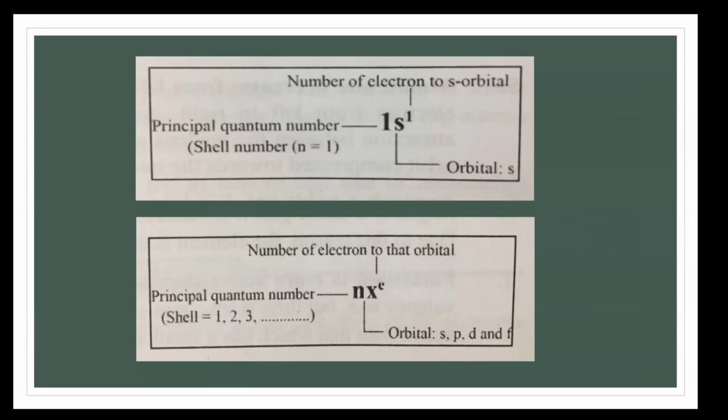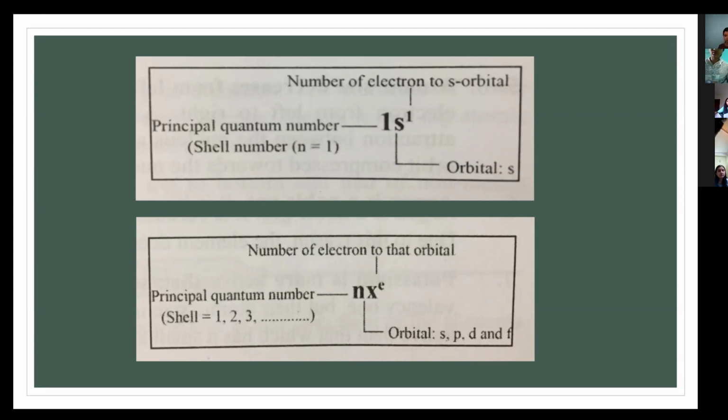Here x represents the subcell, which can be s, p, d, or f. In front of x you can see the symbol n, that represents the number of the cell or orbit. First orbit 1, second orbit 2, third orbit 3, like that. And e, the power of x, represents the number of electrons. As an example, in the above picture you can see 1s1.